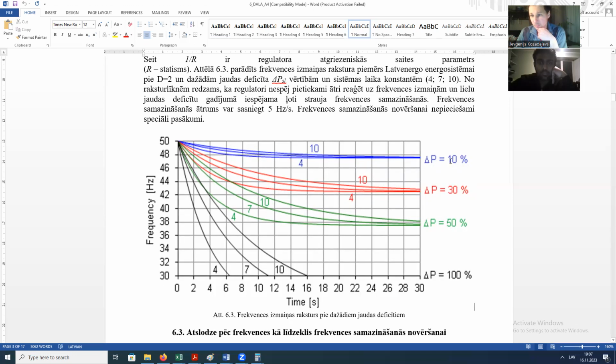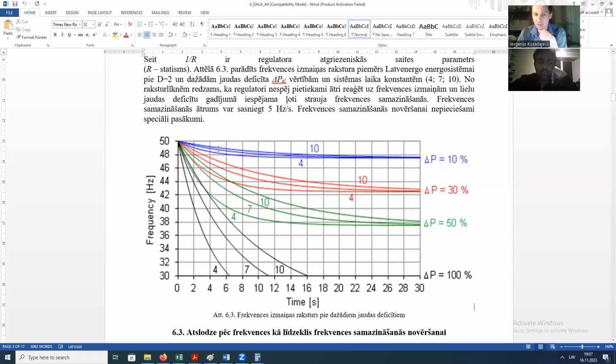If we have only a 10% power deficit, here we could see the speed of frequency drop in a power system. Of course, it depends on the power system inertia.